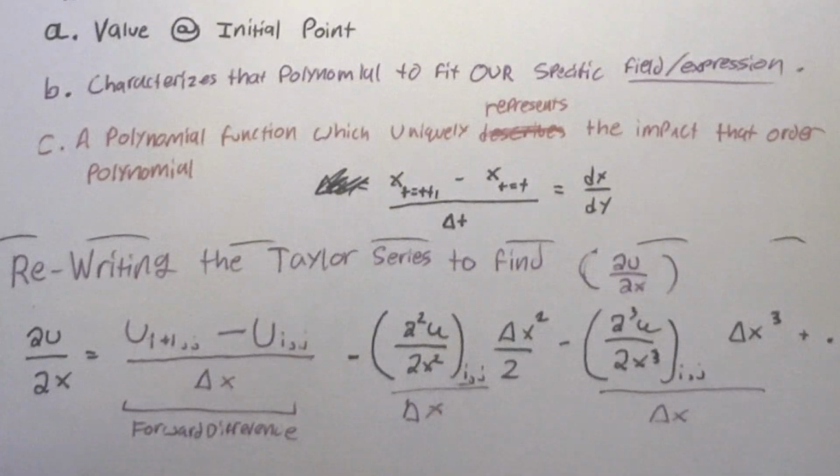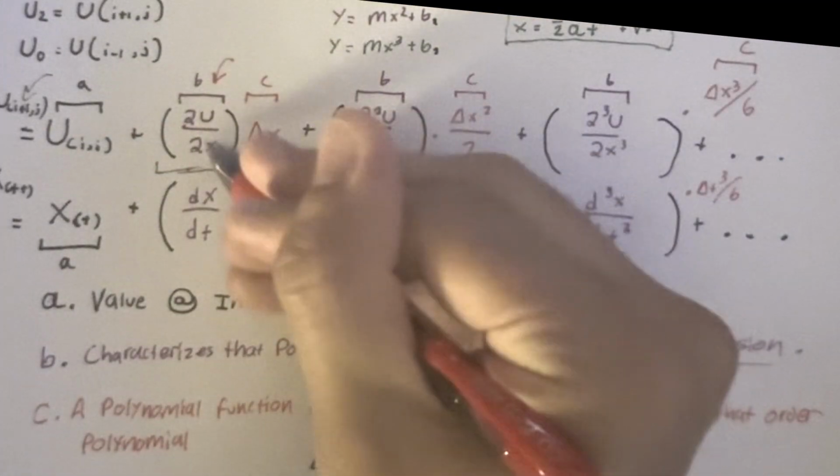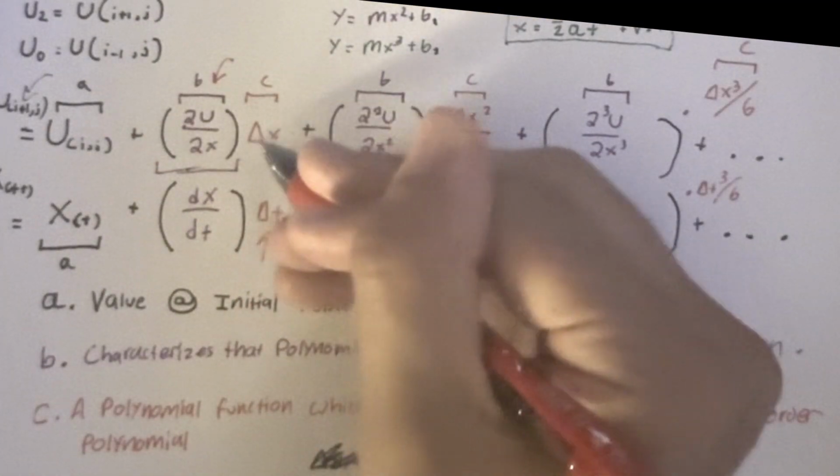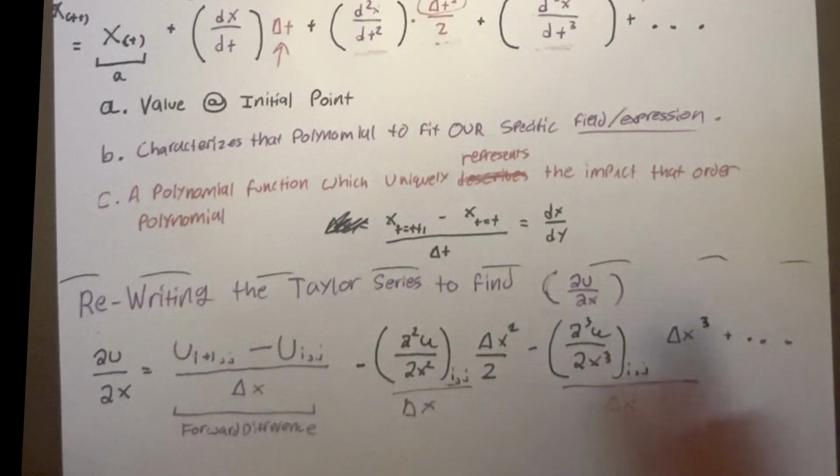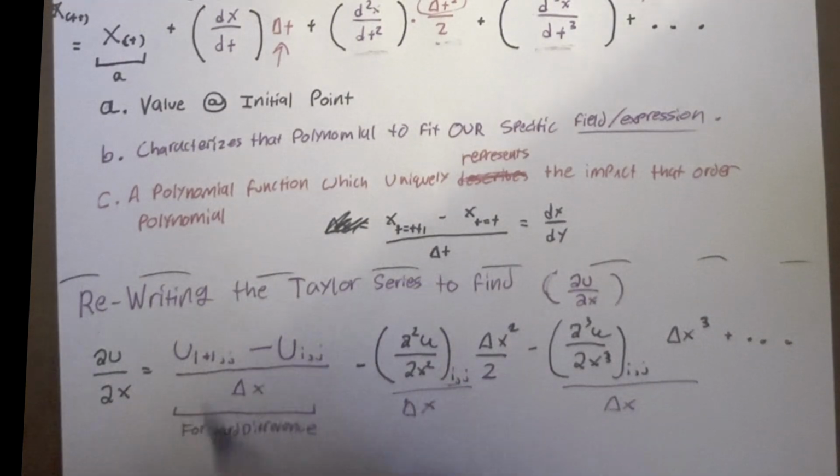The division by change in x comes from the fact that the original PDE over here is multiplied by change in x. So when we put it over to the other side, we have to divide the entire right side by change in x.